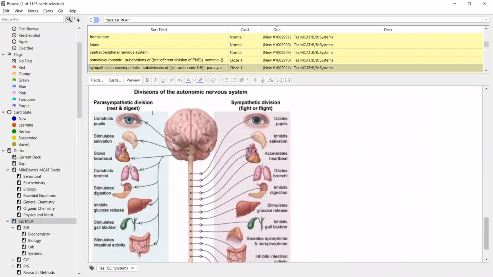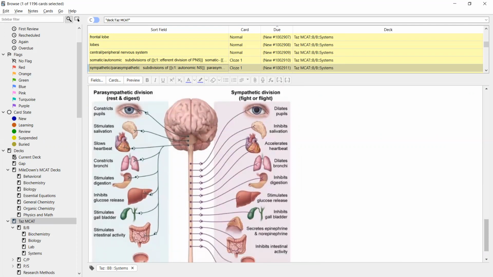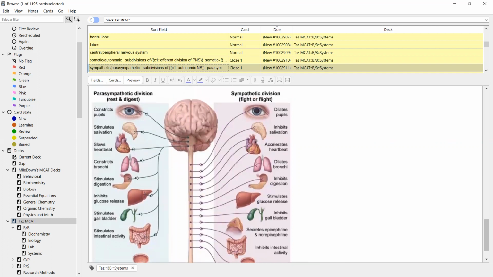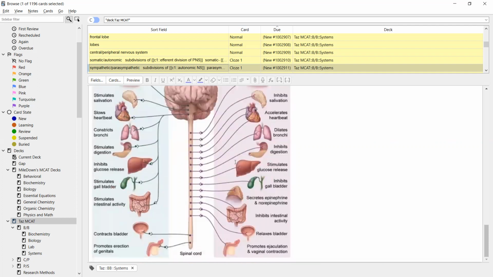So for example, if you're in a fight, you need to see better, your pupils will be dilated. Not so when you're resting, right? Also, your heartbeat, right? If you're resting, your heartbeat should be slow. If you're in a stressful situation, your heartbeat should be fast, right? And so on and so forth.